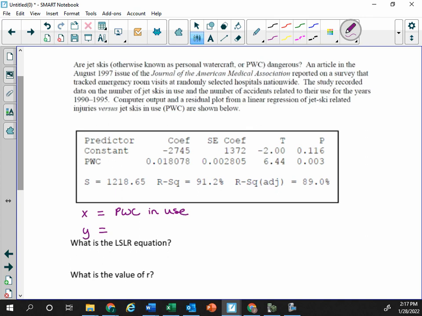And then your Y is your accidents or injuries related to that. Does that make sense? Because we're saying there may be an association between how many are in use and how many accidents happen. The more personal watercraft in use, you would expect more accidents. Does that make sense? Your X and your Y value there?